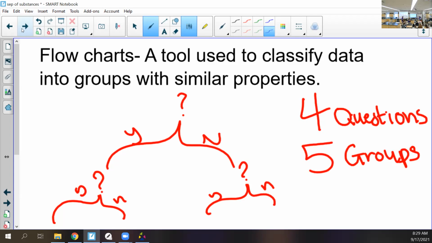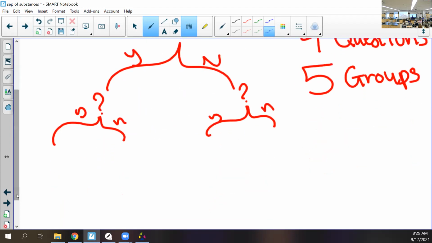Okay, so in your ending box, if you are not going to ask another question, if you're done, then you just put the numbers of the samples that belong there.